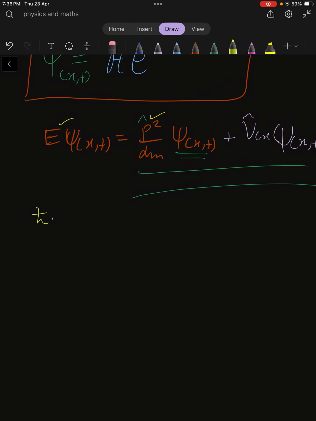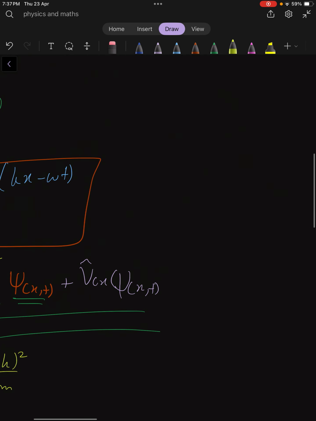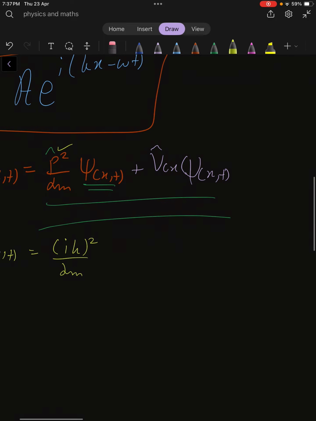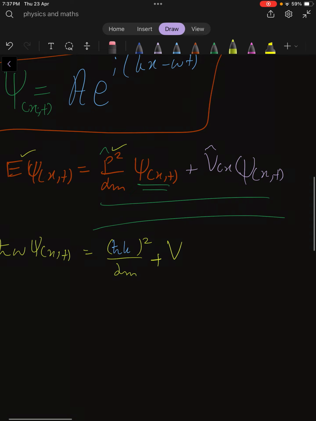It becomes h bar omega psi is equal to, p is, sorry, I'm getting too ahead of myself. It's h bar k, squared over 2m, plus V of x psi.